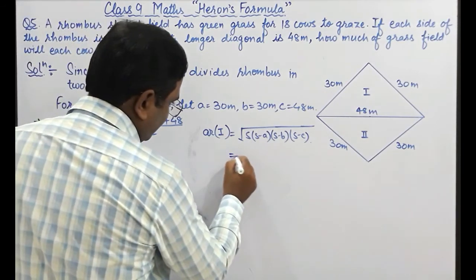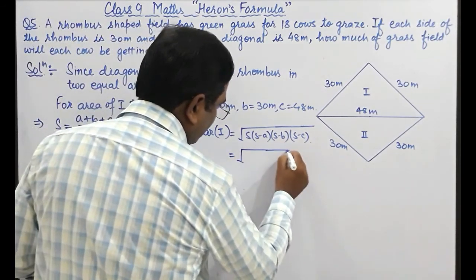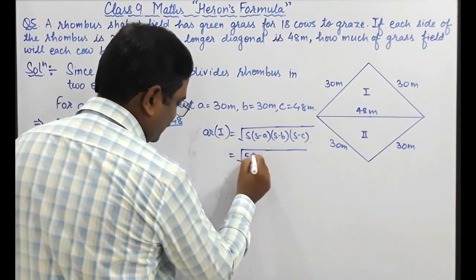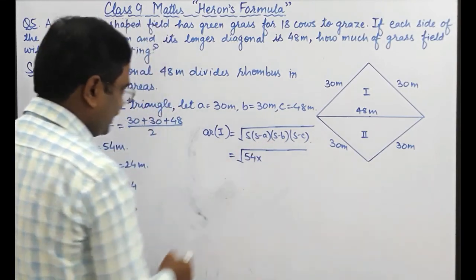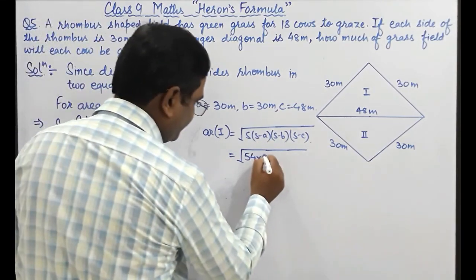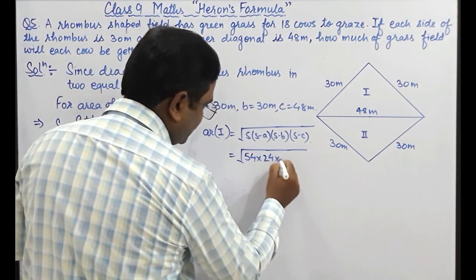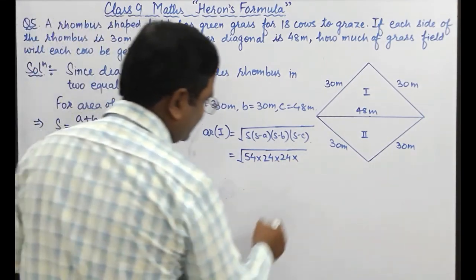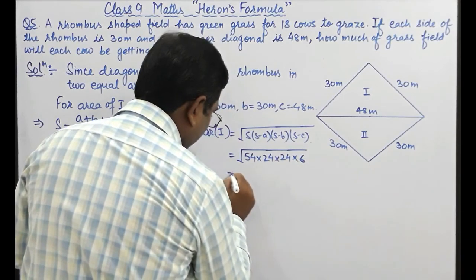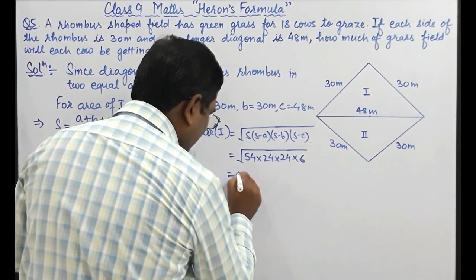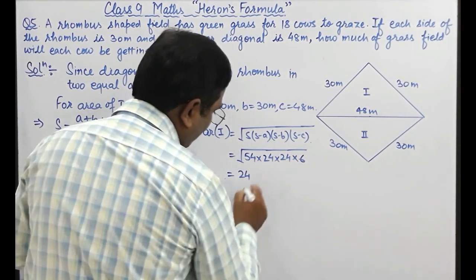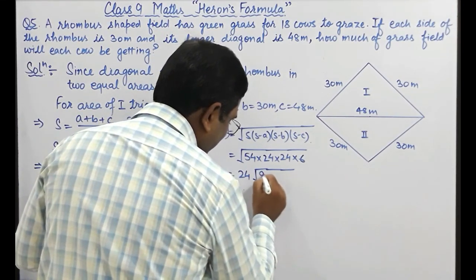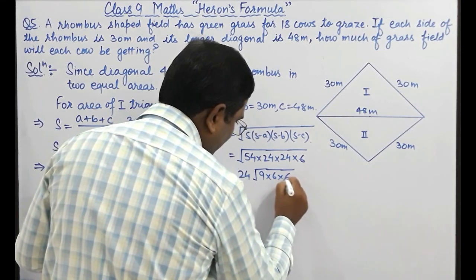We will get S is 54 multiplied by S minus A is 24, S minus B is also 24 and S minus C is 6. So this can be written as 24 is having a pair, then 54, 9 6s are 54, multiplied by 6.